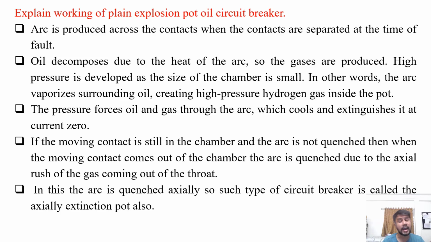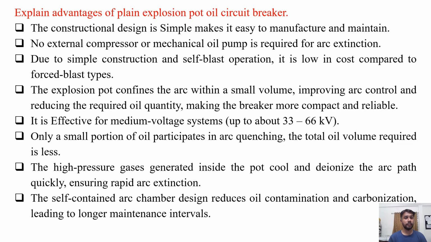In this, the arc is quenched axially. So such a type of oil circuit breaker is also called the axial extinction pot. So this is how the working of plain explosion pot oil circuit breaker can be explained.